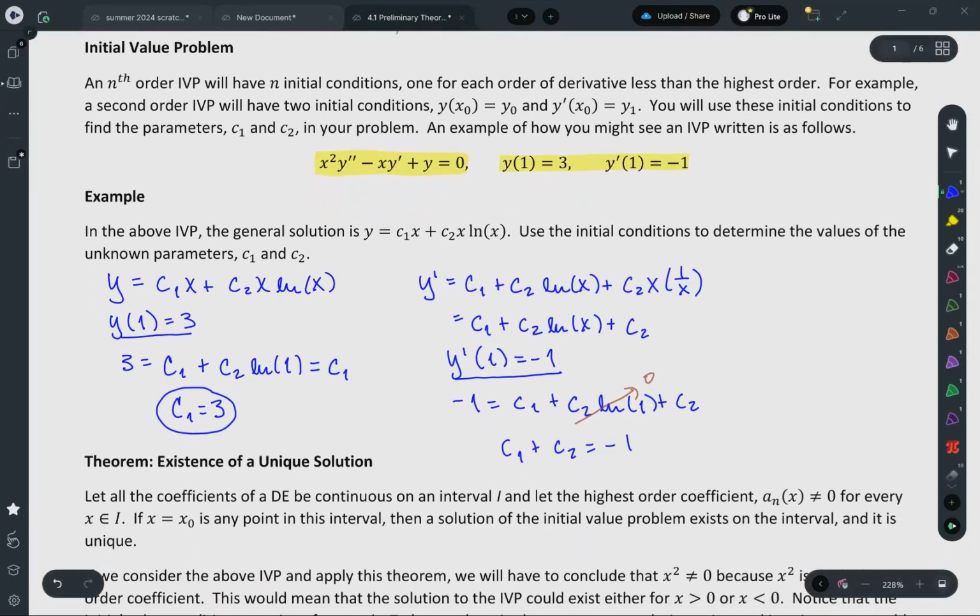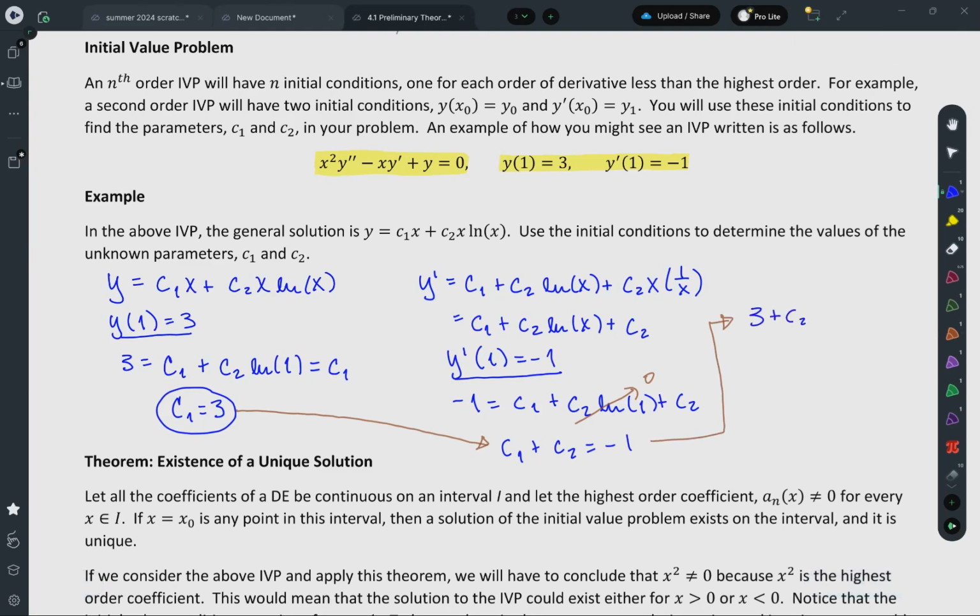So we get c1 plus c2 is equal to negative 1, but remember we have that c1 is equal to 3. So we can substitute that in and continue on with our problem. So we have 3 plus c2 is equal to negative 1, which means c2 is equal to negative 4. So we found our parameters, and that's really what they wanted.